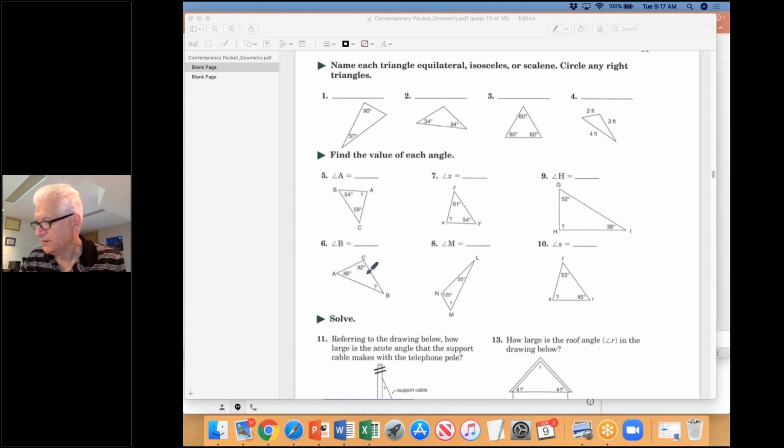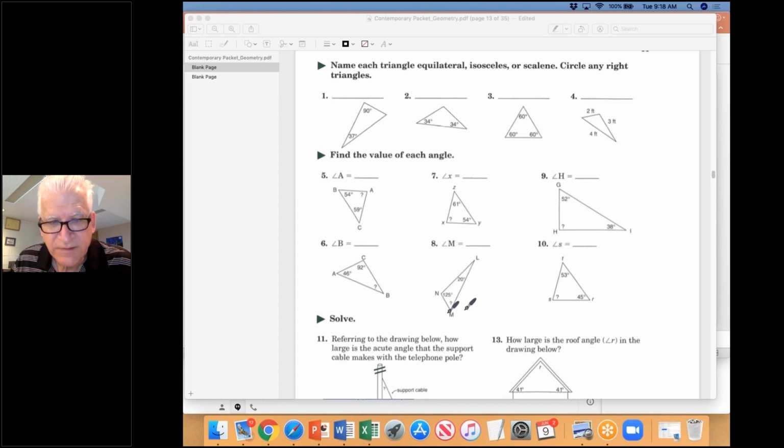So 92 plus 46 is going to be 138. 180 minus 138 is 42. Answer for angle B is 42 degrees.